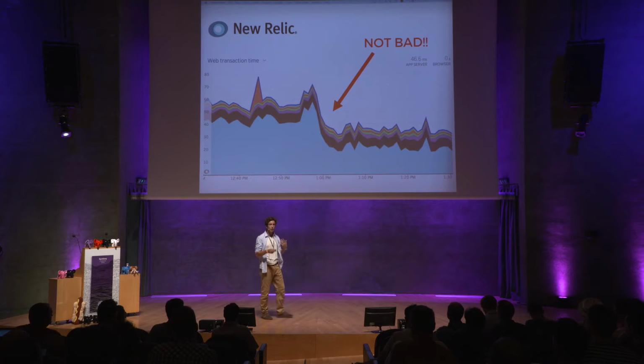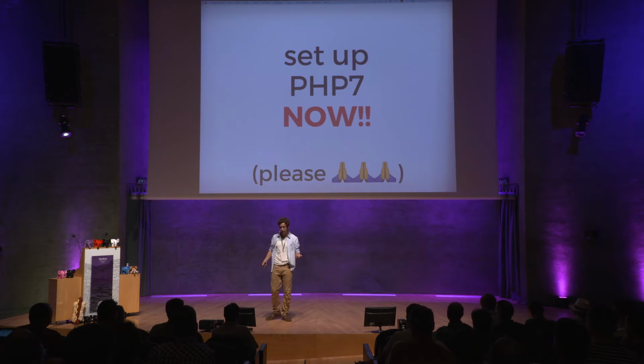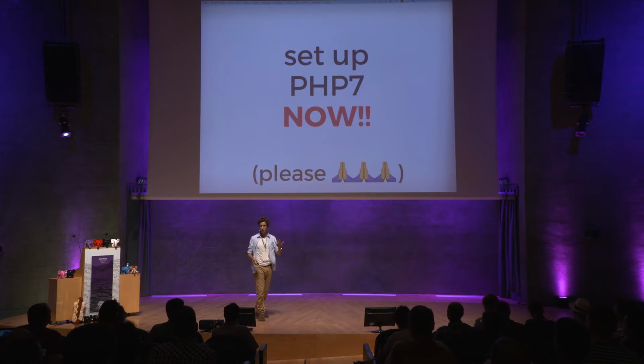But we're getting there. Most extensions are now compiled for PHP 7, and I can safely recommend, please, upgrade to PHP 7. It will be, again, a huge improvement on your websites, just by installing PHP 7, OK?